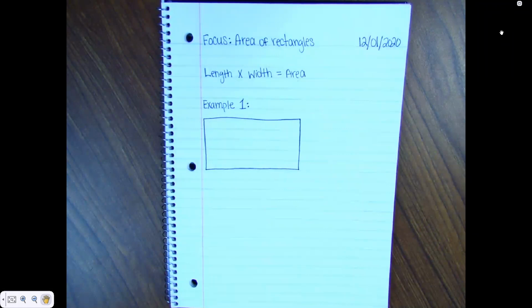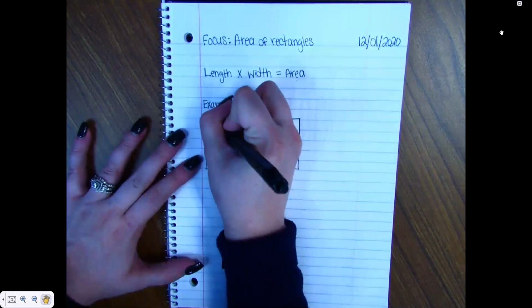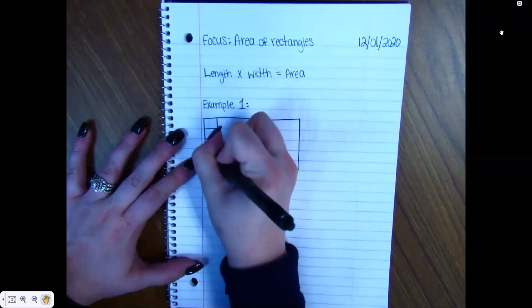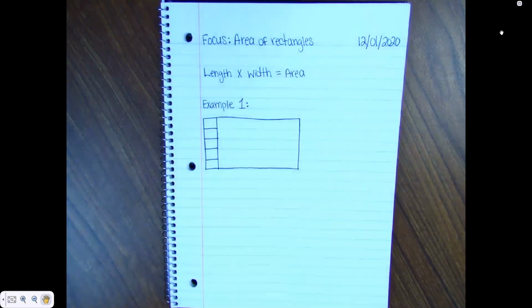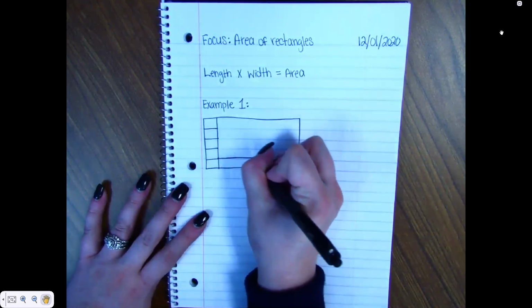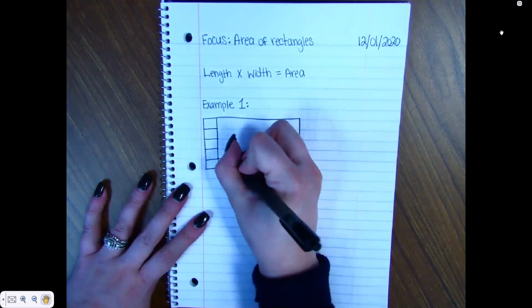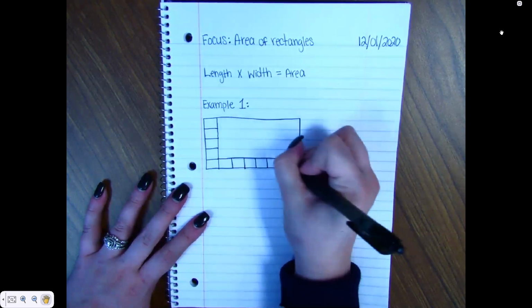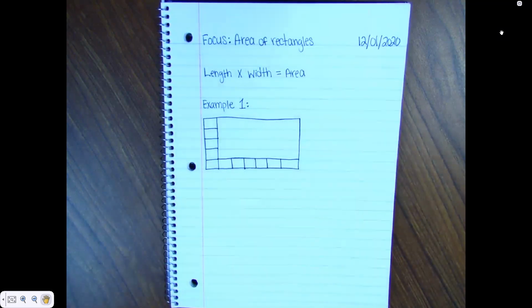Farmer Joe has a section of land, okay? And it has 1, 2, 3, 1, 2, 3, 4, 5. There's 5 on the side. There's 1, 2, 3, 4, 5, 6, 7 on the bottom.